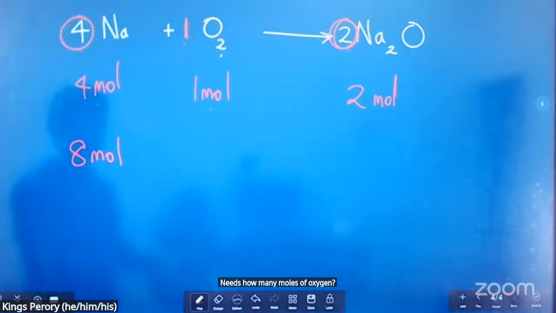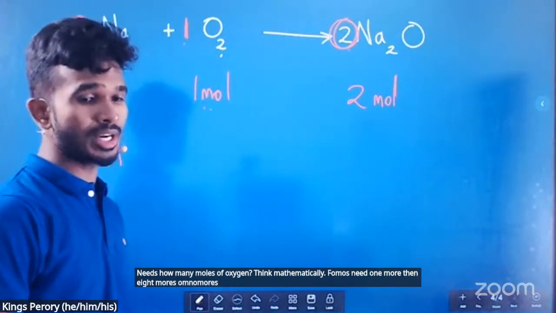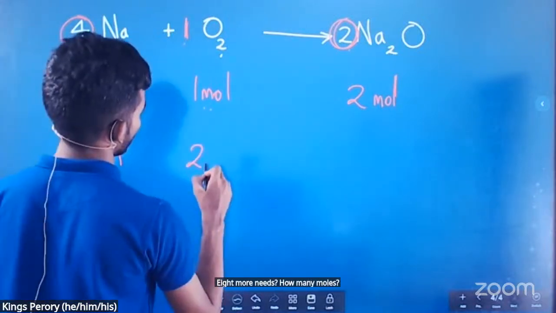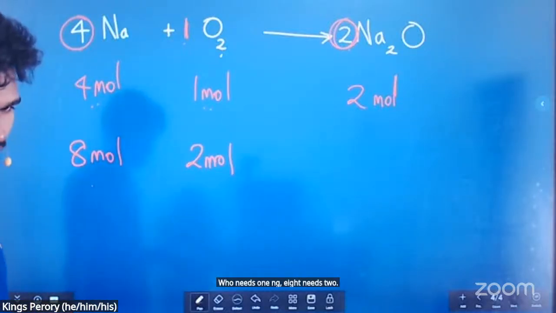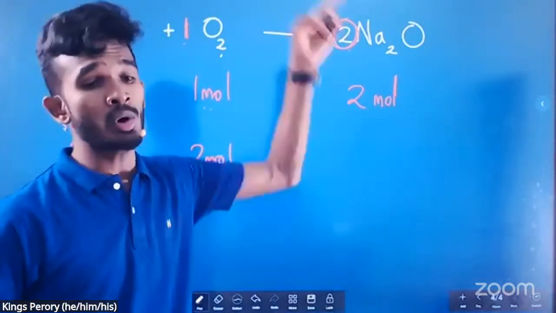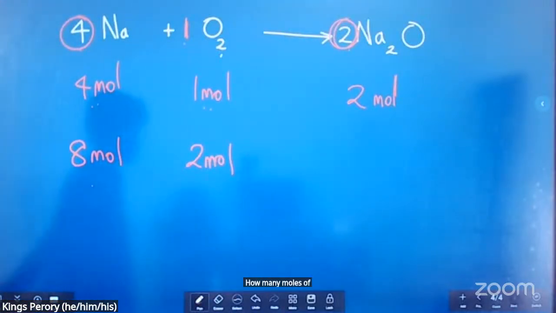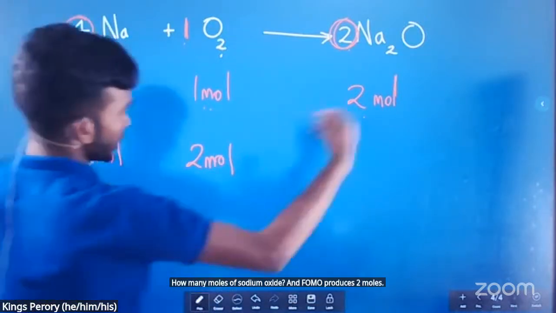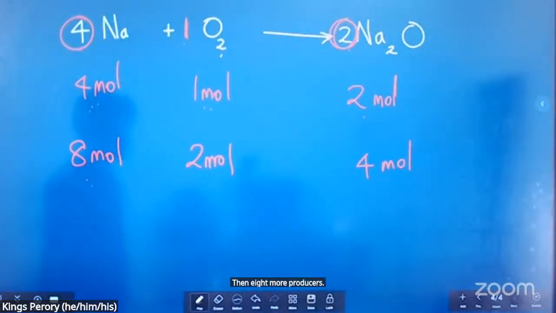Think mathematically. 4 moles need 1 mole, then 8 moles need how many moles? 2 moles. 4 needs 1, 8 needs 2. And how many moles of sodium oxide? 4 moles produce 2 moles, then 8 moles produce 4 moles. It's a ratio concept.